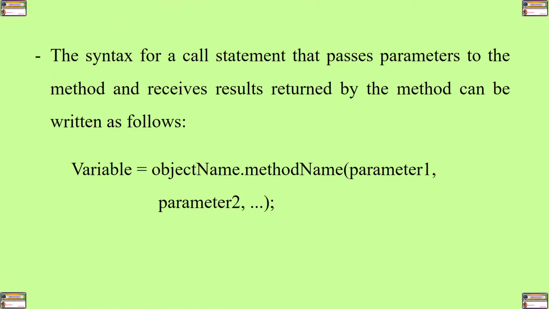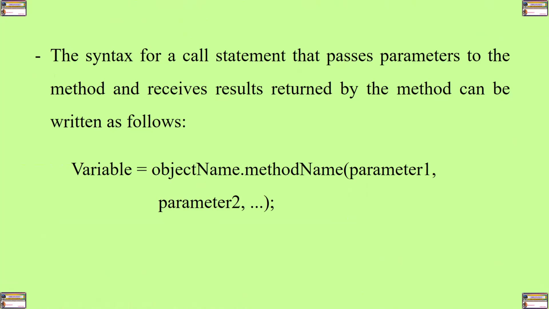So we have the statement, for example, as object name dot method name, and then you enclose the various parameters in the parentheses. You just list them. Note the difference between the call statement and the header of a method. So this is simply a call statement to a method.